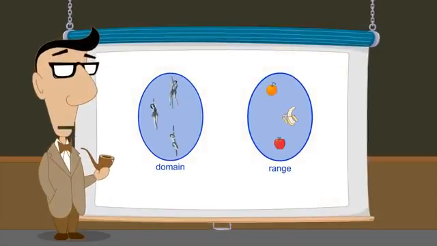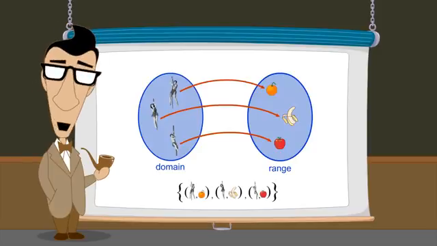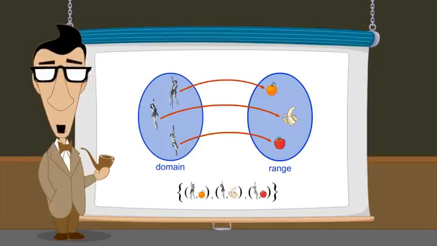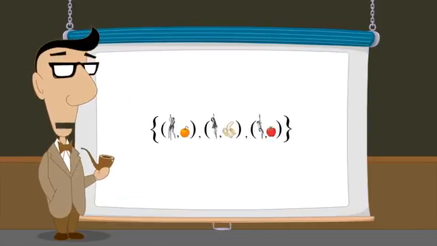Like any binary relation, functions can be represented as sets of ordered pairs. The set of ordered pairs which represents a function is sometimes referred to as the graph of the function. Since a function's domain and range can contain any type of elements, the ordered pairs in its graph can be pairs of any type of elements.